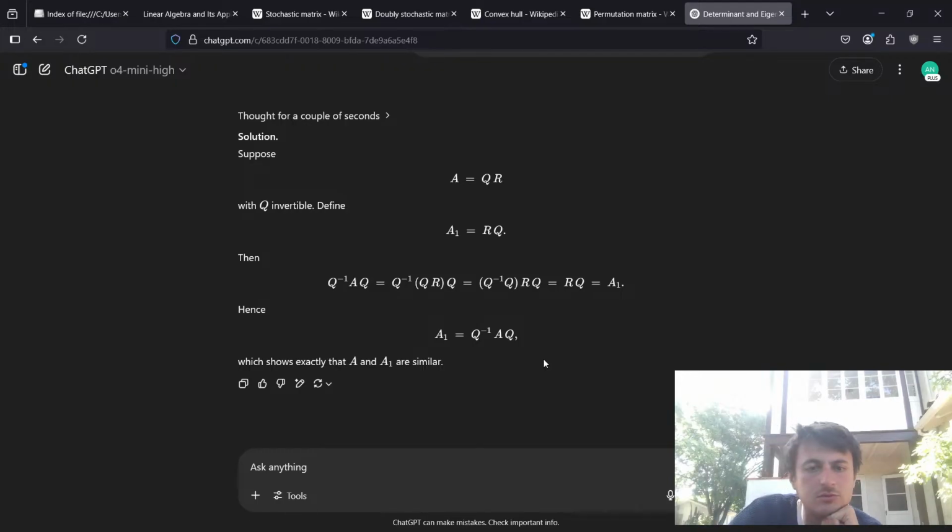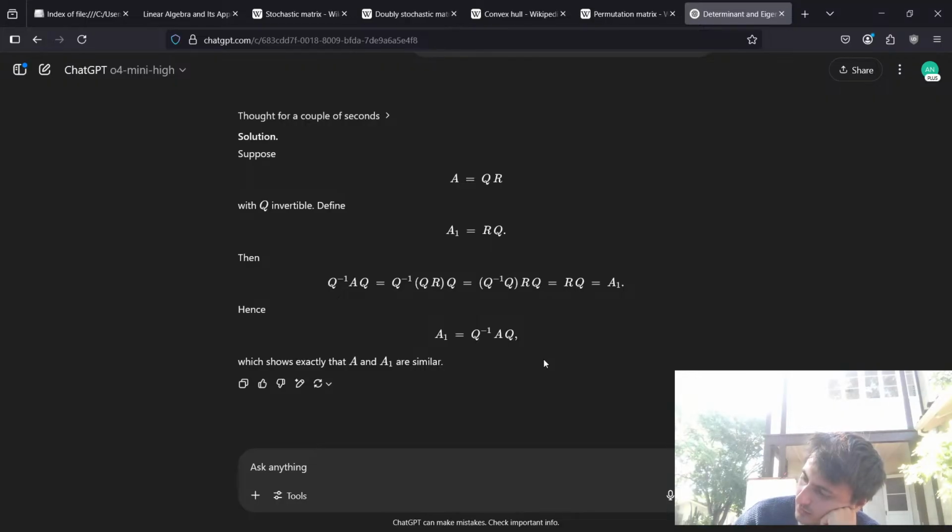Oh. Yeah, you just apply Q inverse AQ and then it cancels out. Oh, okay. So if you have A is equal to QR and A1 equals RQ, and you do Q inverse AQ is equal to Q inverse QR Q. So then Q inverse AQ is equal to RQ.